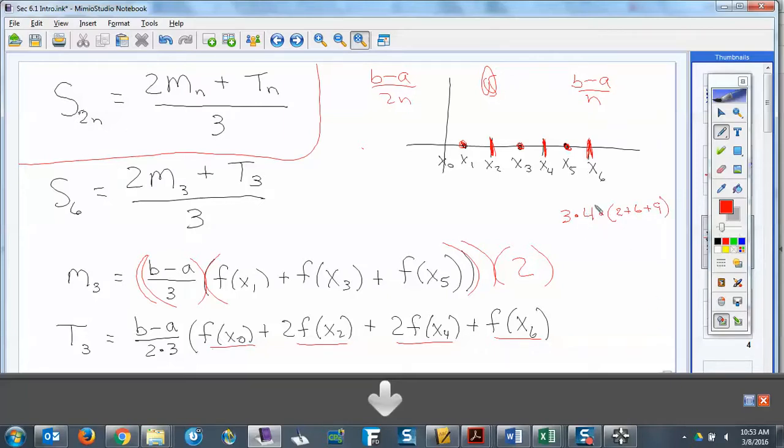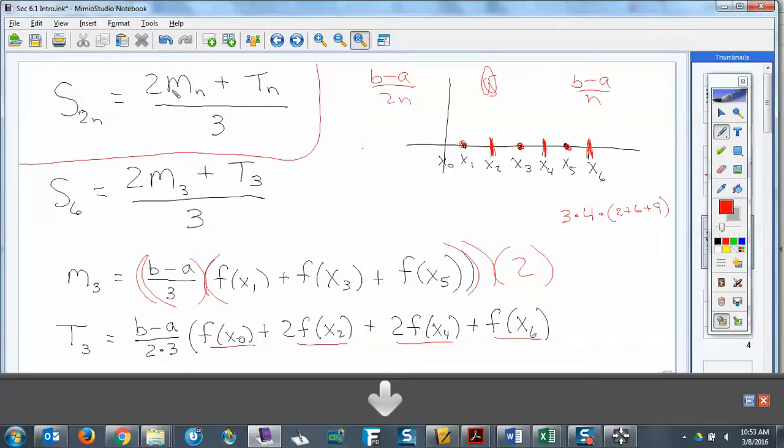So could I distribute the 4 through there and leave the 3 out here? Would that be okay? Yeah. Or I could take the 3 and distribute it through, or I could just take the 3 times the 4. So same thing here. I could take this 2 times this fraction, but I don't think that would help me any. It would just make it messier, actually. Or I could just take this 2 through these. You see what I'm saying?